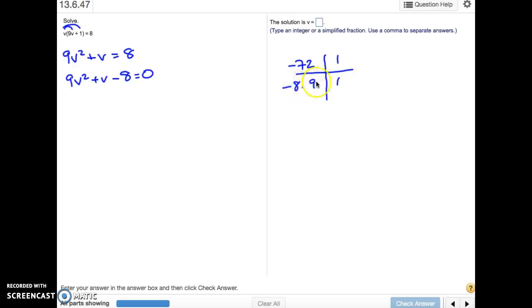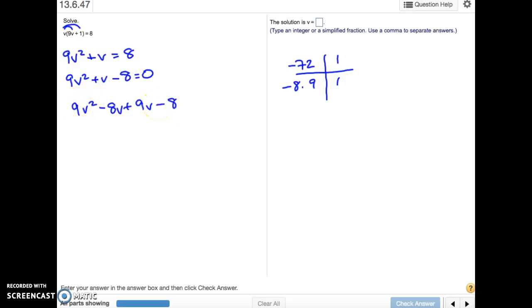All right, so I'm going to use these to break up my middle term. So I have 9v squared, then minus 8v, and then plus 9v, and then minus 8.